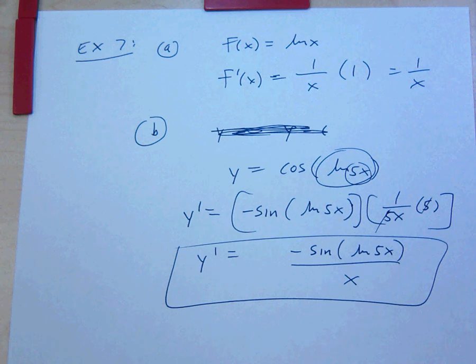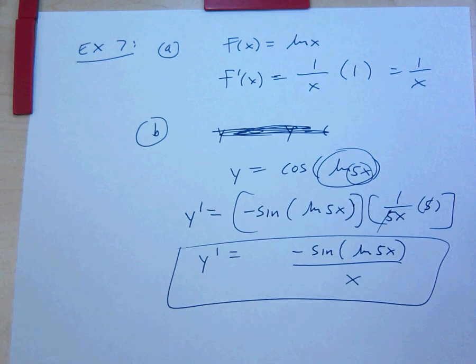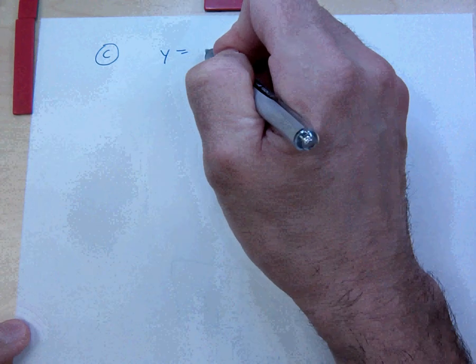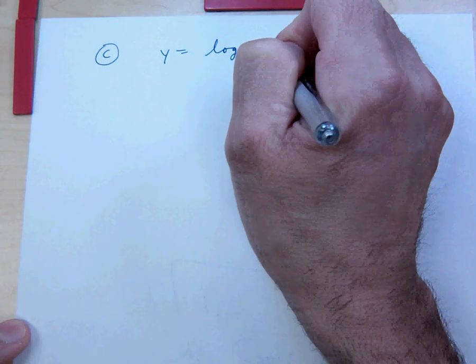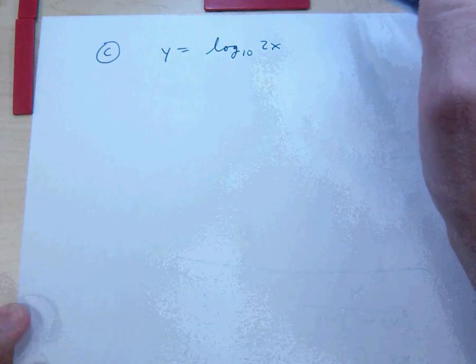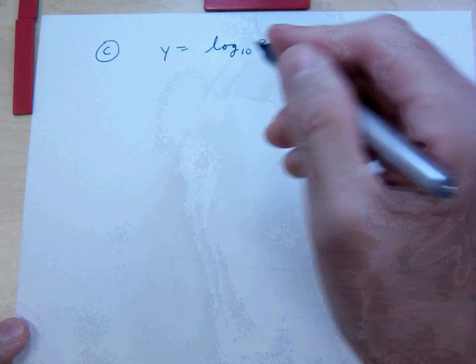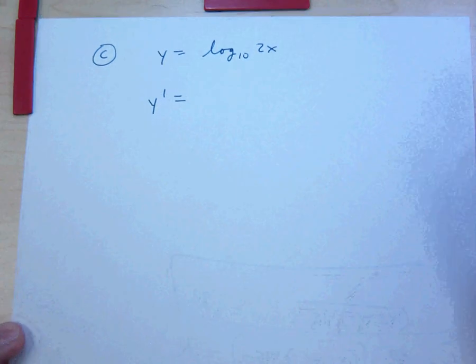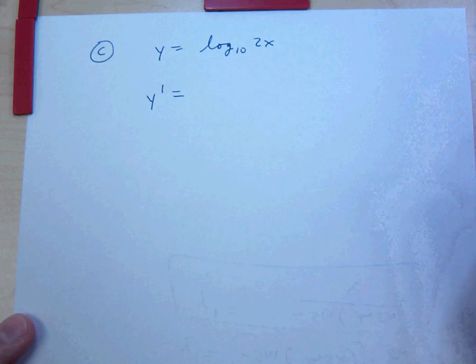All right, let's look at C. Everybody getting these down? Okay, so again, isn't this in the form log base a of u? And so just follow the formula. What's the derivative of this? How about, Nirek, what do you think?